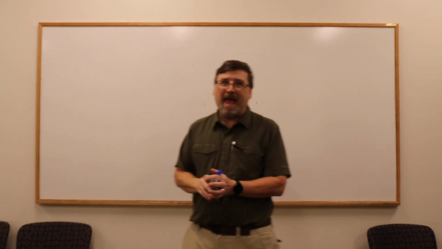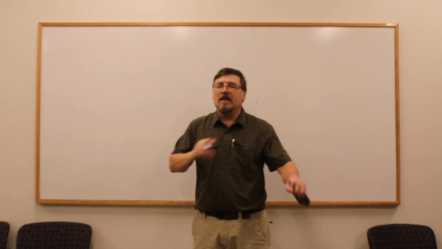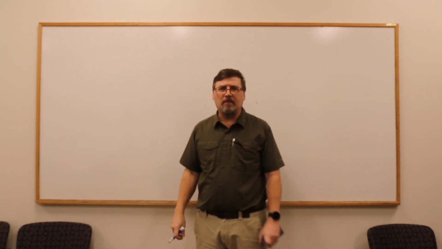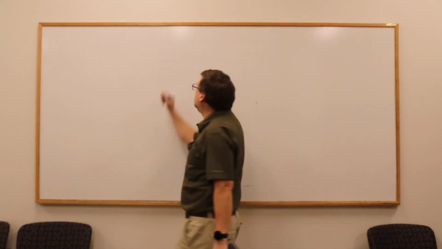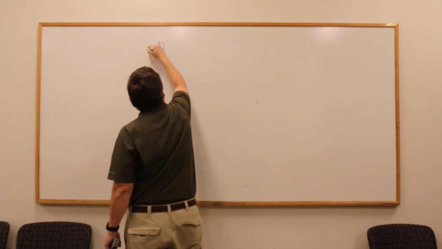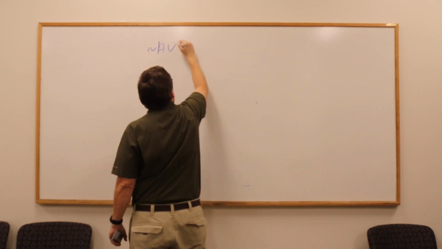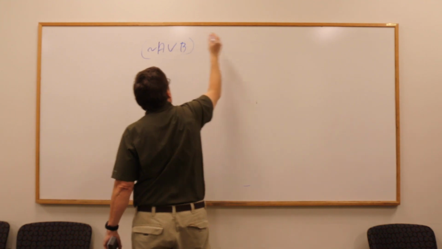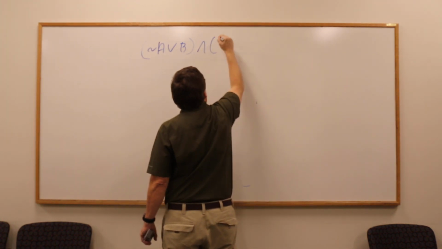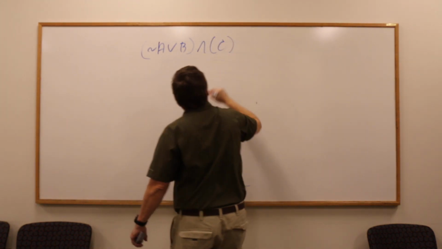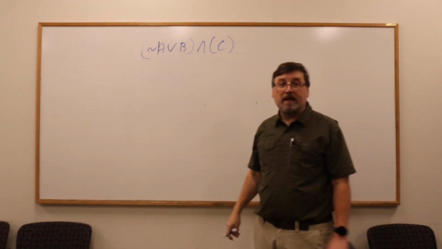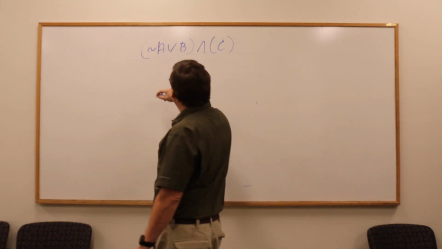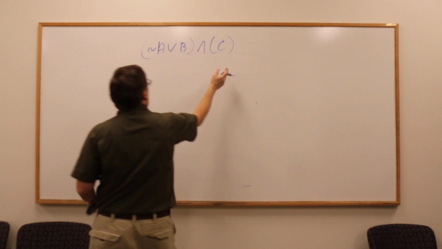Now, just as we had more complex things to evaluate in truth tables, we could do the same with circuits. So if we had NOT A or B, and we do AND C. How do we do that in a digital circuit? Well, we have to work sort of backwards here.